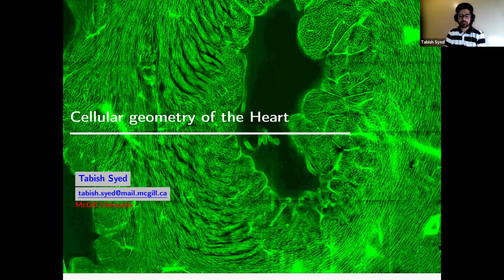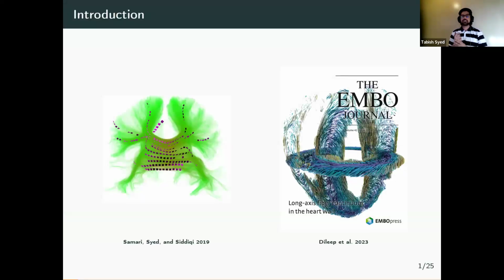This is slightly different from maybe the kind of work you would see in MICCAI type conferences. This is based on two papers. One is our work in 2019 in ITME, and the other one is in what is called the EMBO journal. Perhaps people are not so familiar with this because it's a molecular biology journal.